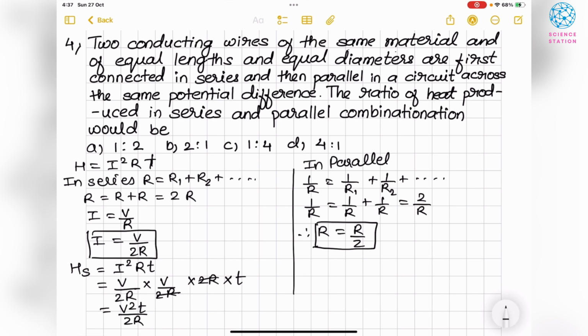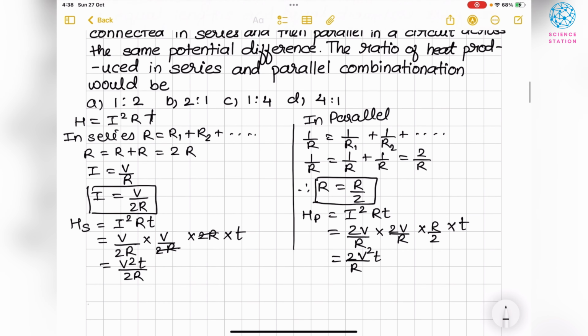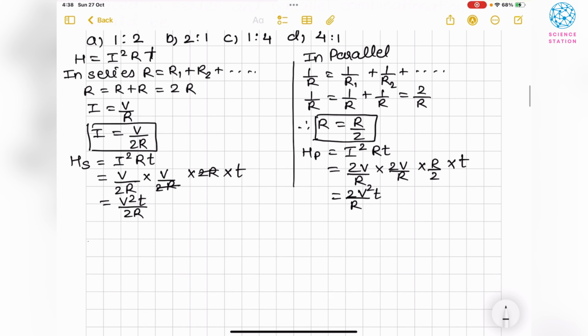So now HP will be I square RT. So that will be 2V upon R into 2V upon R into R by 2 into T. So that will come as 2V square upon R into T. So now he has asked me the ratio.